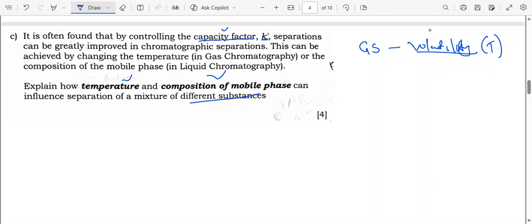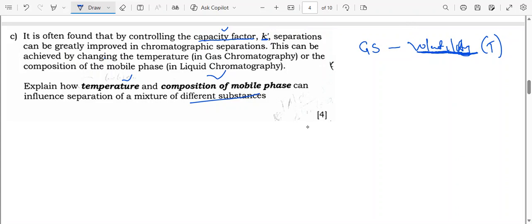What do I mean? Volatility is how much they are able to turn into gas as the temperature changes, so that they can move with the gas.